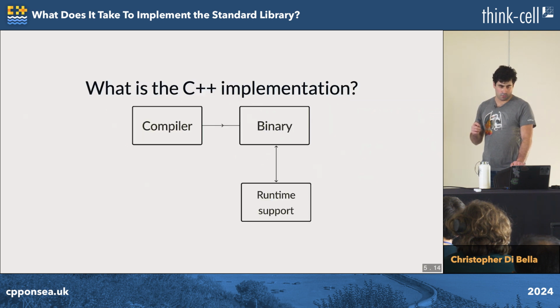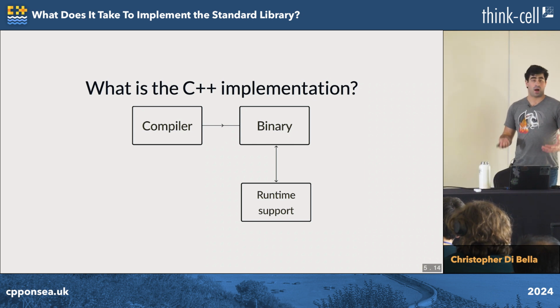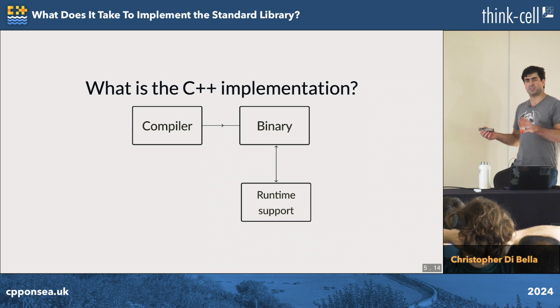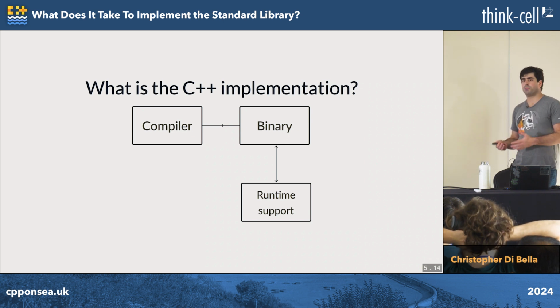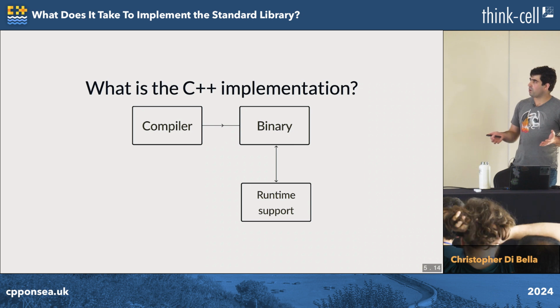Okay, so we've covered that. We should also cover what the C++ implementation is, because that is a word that is thrown around by the standard quite often. And so typically when people think about the C++ implementation, they think about it as a compiler that produces a binary and there's some runtime support library. And that's kind of what we have.